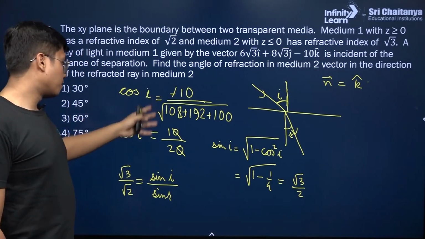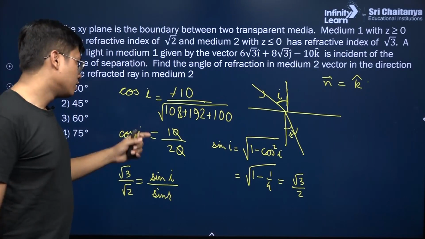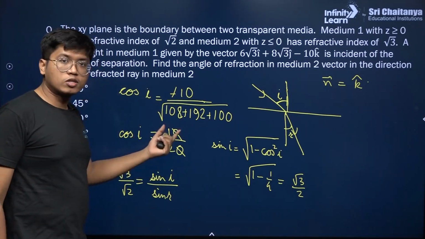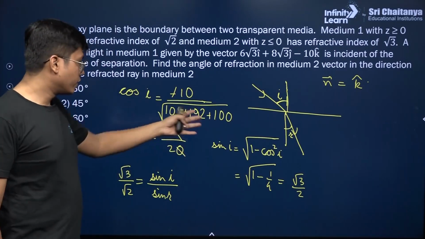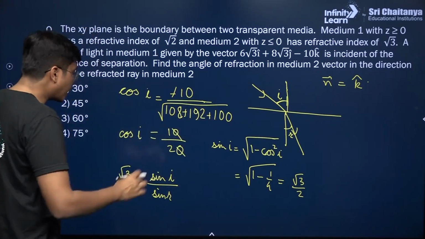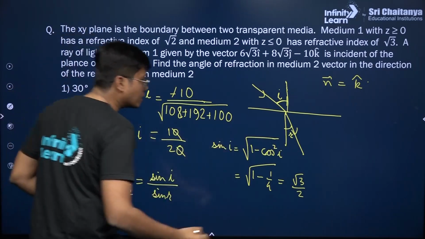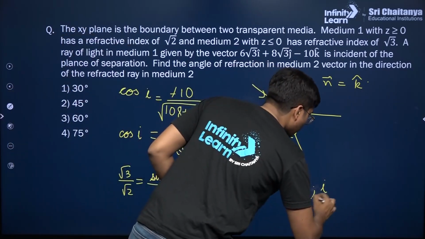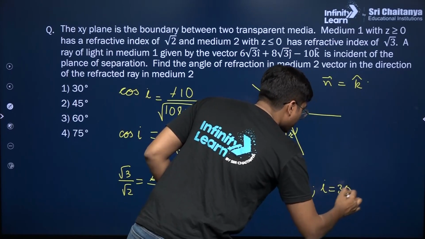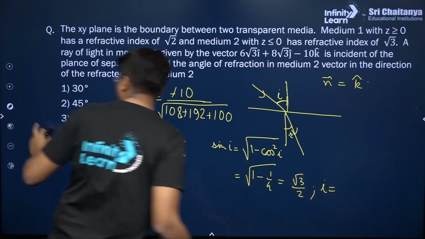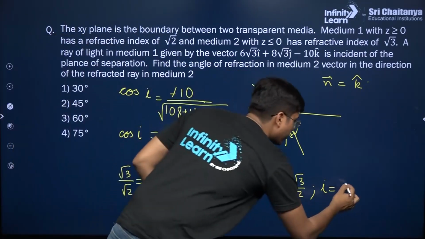Or we could have even proceeded just by here. I would have been equal to 60 degree, because cos of 60 degree is half. We did not even have to proceed that way. But anyway, we have done it, so doesn't really matter here. I is equal to 60 degree. I'm messing things up here, doesn't matter as long as I fix it.